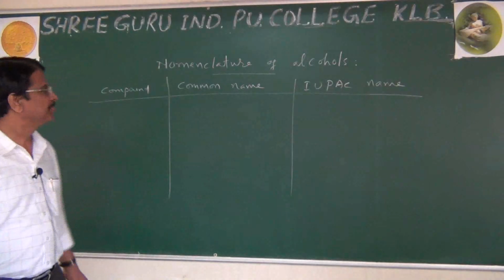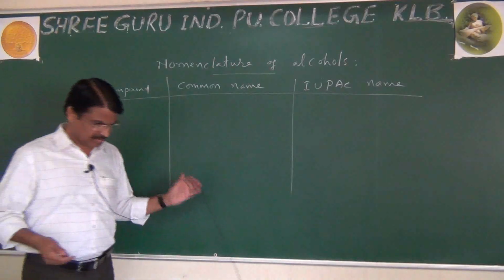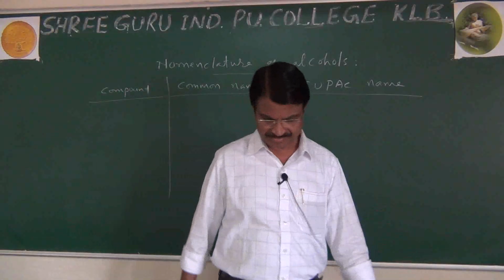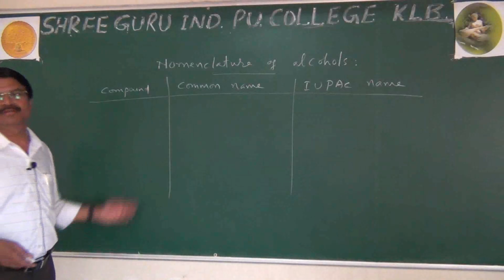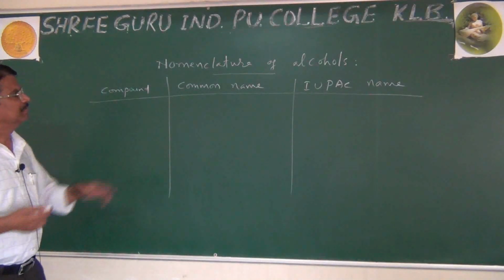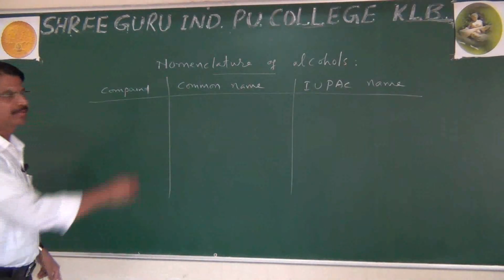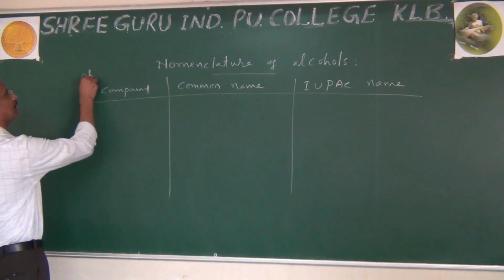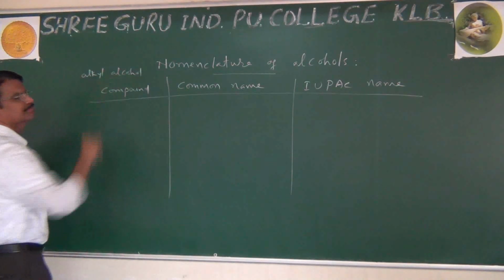Now you can study nomenclature of alcohols. In nomenclature, there are 2 types: common system and IUPAC system. According to the common system, we can name alcohols as alkyl alcohol.